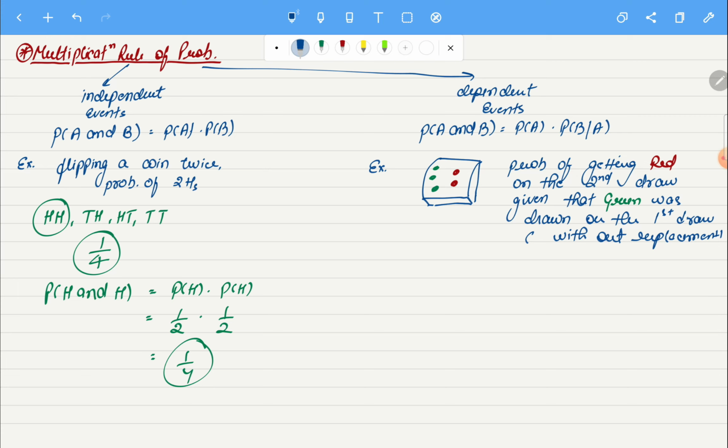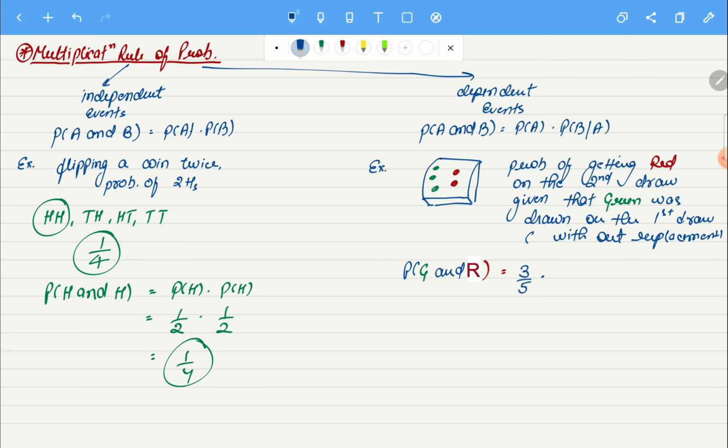So let's try to find the answer for this particular question. We want to find the probability of green and red. In this case, the probability of getting a green on the first try will be 3 by 5.